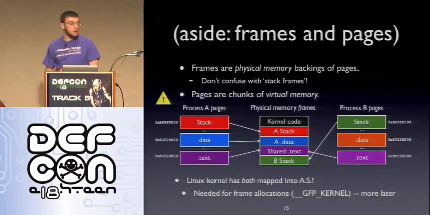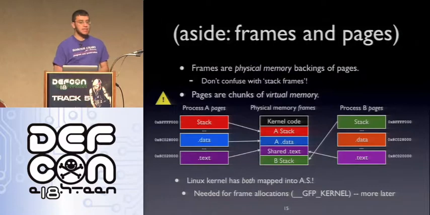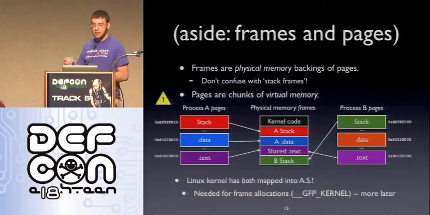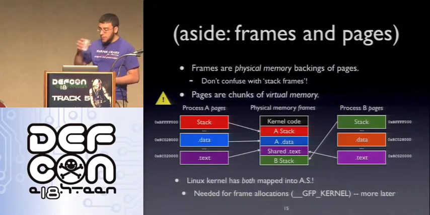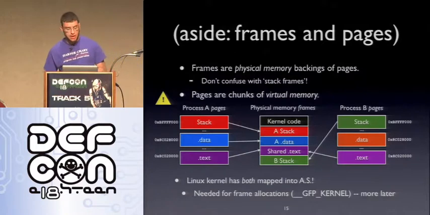And so what's important about this? What's important about this is that the Linux kernel has both physical frames. It has a whole bunch of physical memory mapped into the address space. And it has whatever userland process used to be running, it has their user address space also mapped in.